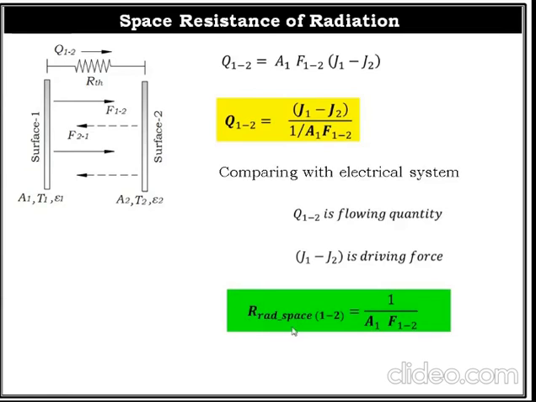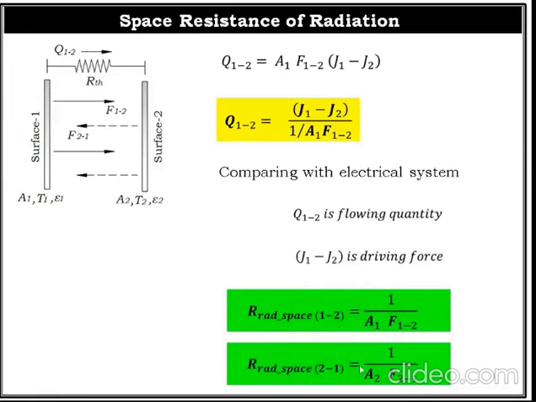So the radiation space resistance 1 to 2 is 1 upon area A1 shape factor F12. Suppose I am talking about space resistance from 2 to 1. In that case, it will be 1 upon area A2 shape factor F21. So the space is the same, only the values change depending on whether I am talking about heat transfer from 1 to 2 or from 2 to 1.